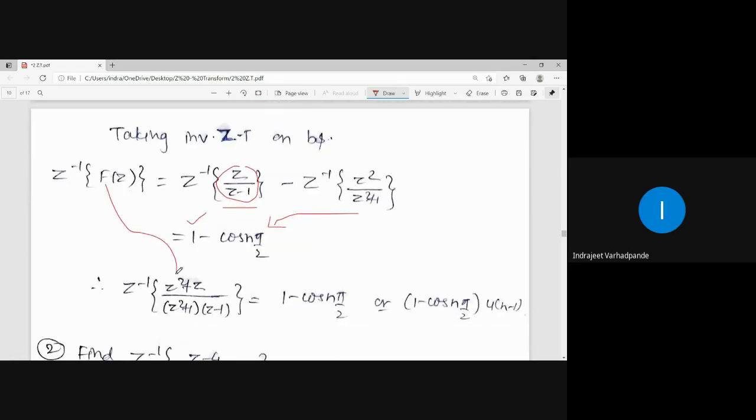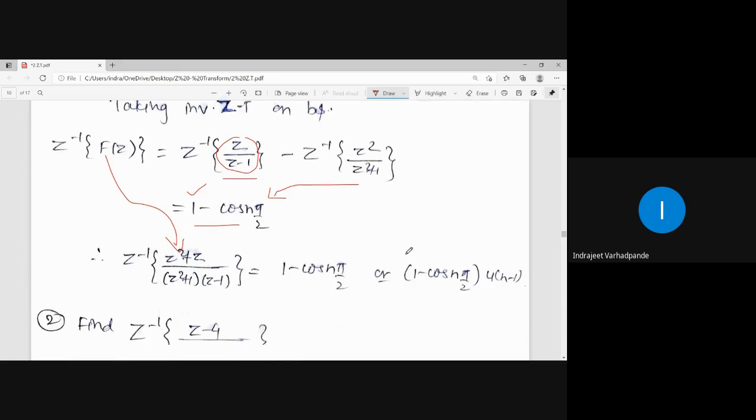So original question was this: z square plus z upon z square plus 1 into z minus 1. Its inverse is calculated as 1 minus cos n pi by 2. Yeah, you can multiply by u of n or u of n minus 1. That is called as the discrete unit step function, जिसका value 1 होता है.